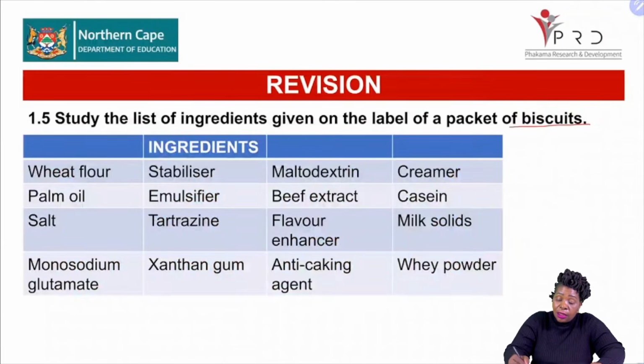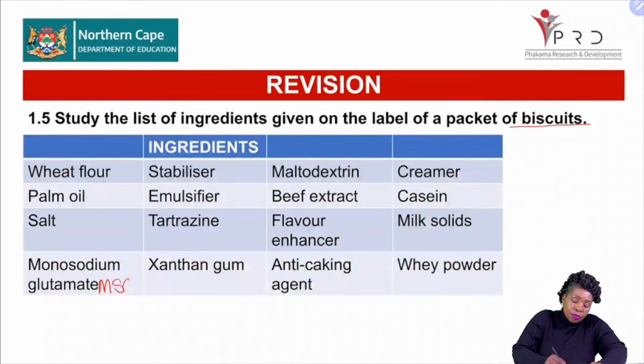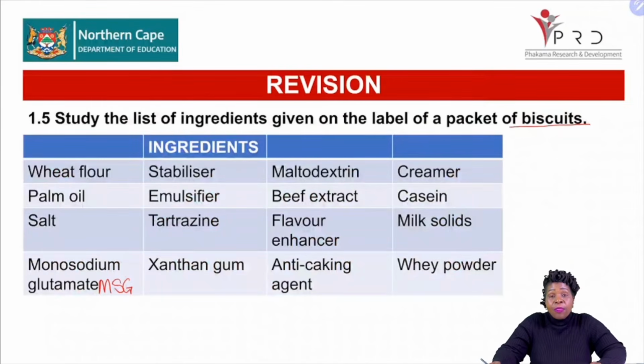Right? We move on to our 1.5. It says, study the list of ingredients given on the label of a packet of biscuits. Right? So I'll read out the ingredients. We've got wheat flour, palm oil, salt, monosodium glutamate, that is MSG, a stabilizer, an emulsifier, tartrazine, xanthan gum, maltodextrin, beef extract, flavor enhancer, an anti-caking agent, creamer, casein, milk solids, and whey powder.